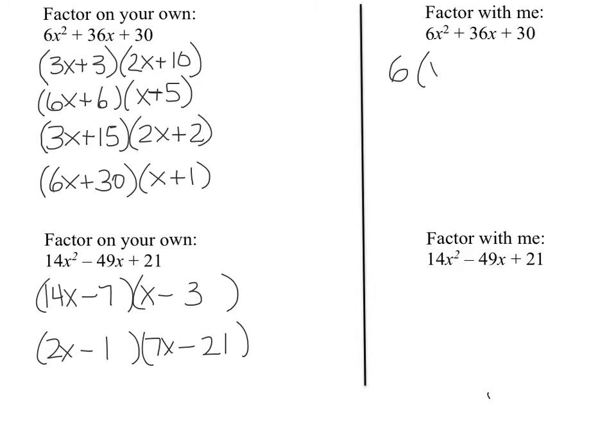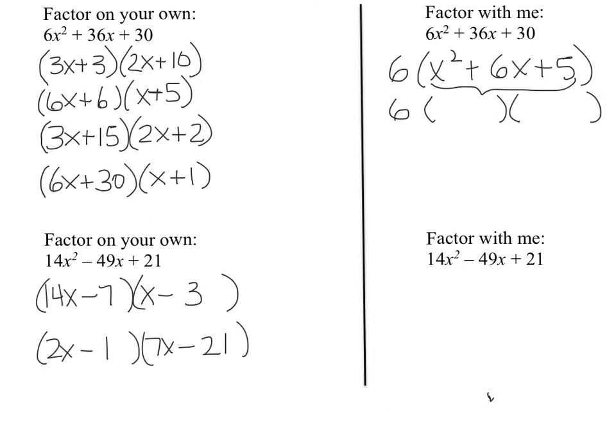And when I pull out the 6, I'm left with x squared plus 6x plus 5. And then from there, the 6 is still a factor, so I'm going to write down my 6. And then this is a trinomial, and that trinomial can now get factored into 2 sets of parentheses.